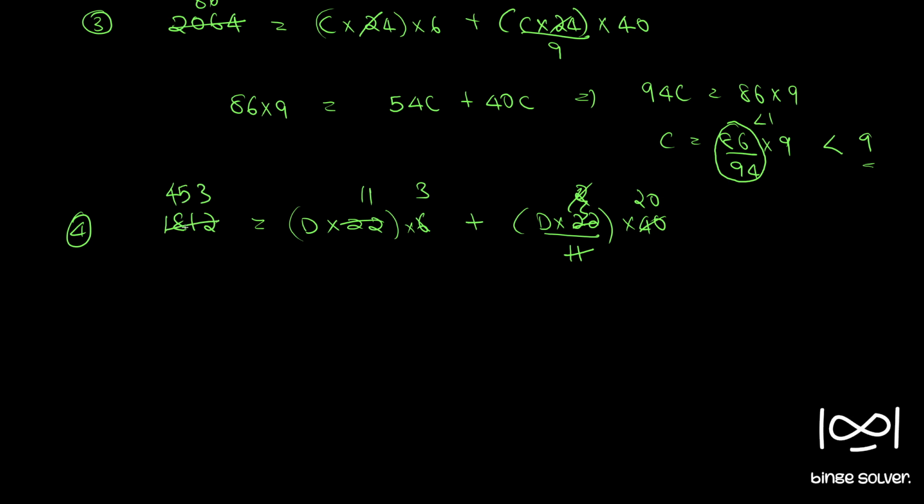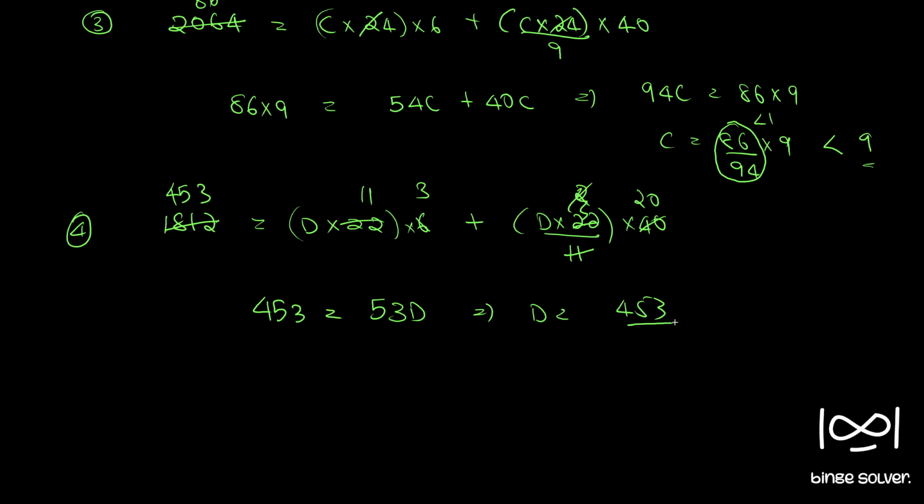So this divided by 4 gives 453. So 453 is equal to 33d plus 20d, 53d.